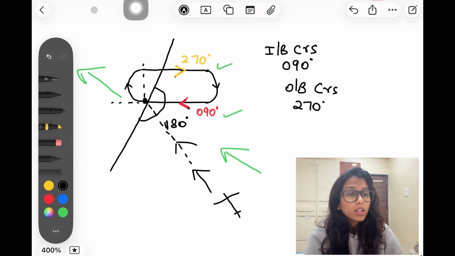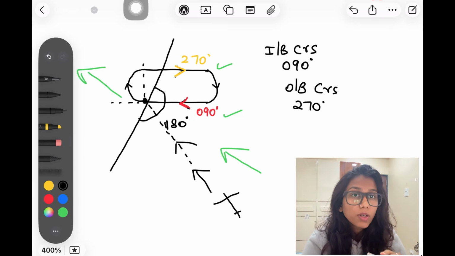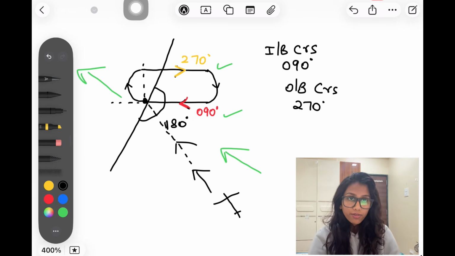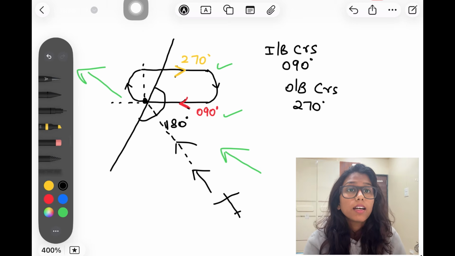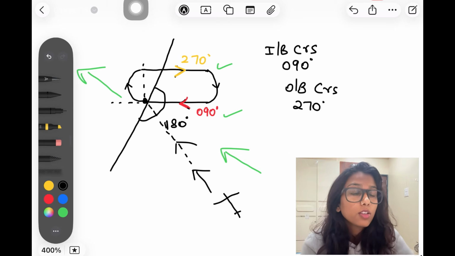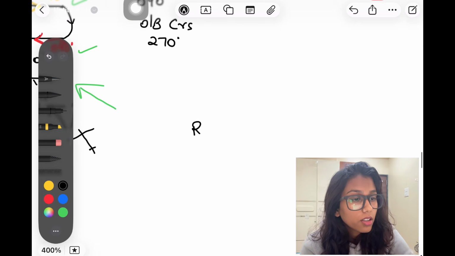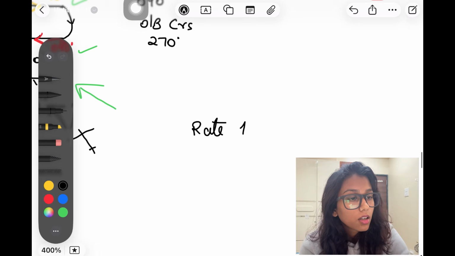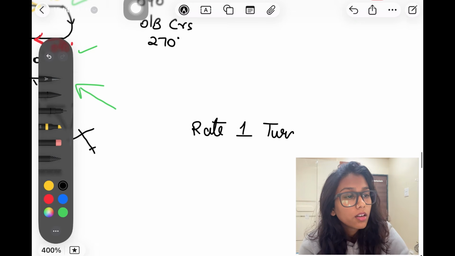Okay. So how do you know when to turn and how much to turn? In instrument flying, all the turns are rate 1 turns. So what is a rate 1 turn? I'll just write here a rate 1 turn.